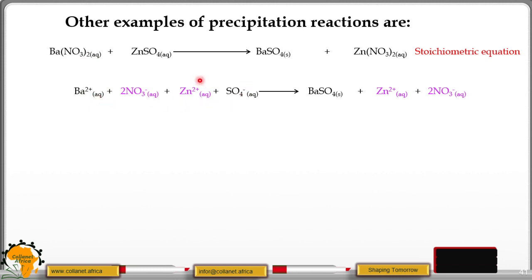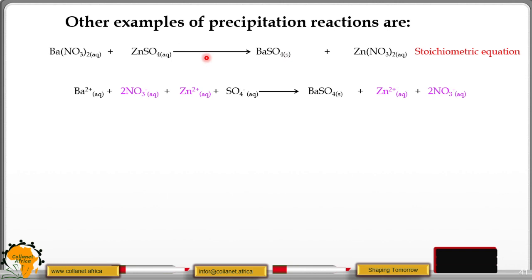Then the zinc sulfate, the same case. Barium sulfate is an insoluble salt. It is in solid state, so there's a very strong bond between barium and sulfate, so these ions are not mobile, so they are not free. The zinc nitrate is in aqueous form. That means its ions are mobile. The cation and anions are mobile, so you can write them separately.